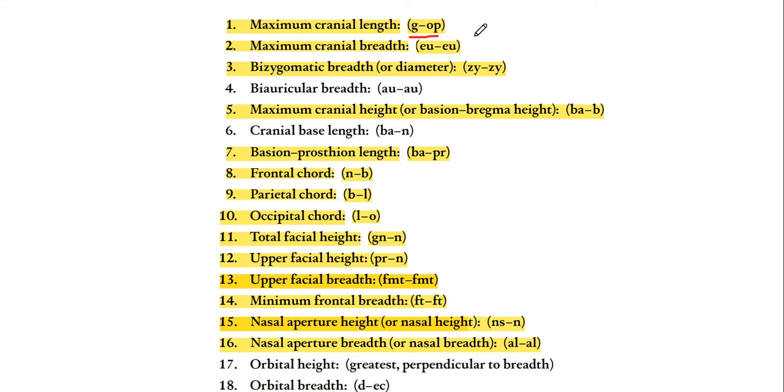So the orientation was properly done, and after that, using the appropriate instrument, the measurement is taken from the given landmarks specific to the measurement that we are defining. So in that context you have to mention the landmarks, and then from those landmarks we've taken the measurement. Mentioning the orientation is very important. That is what I wanted to specify here.